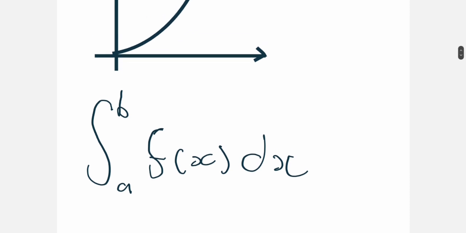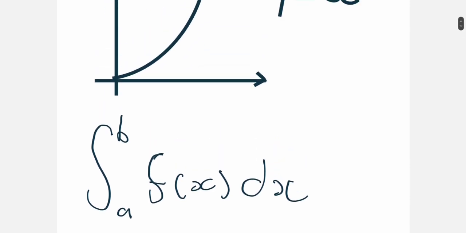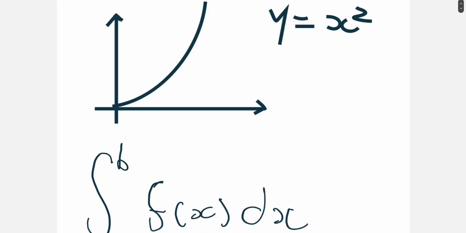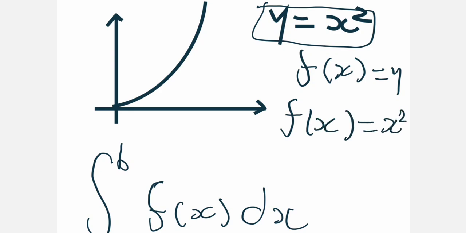So in this case, what is f of x? f of x is a function, and in most cases, f of x equals y. And as you can see here, y equals x squared. So f of x equals x squared.